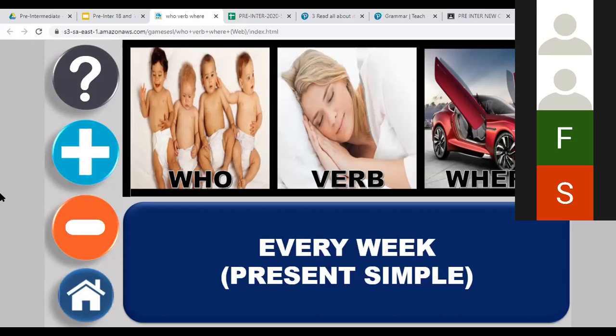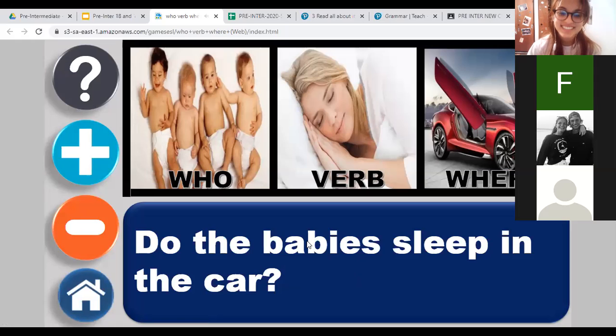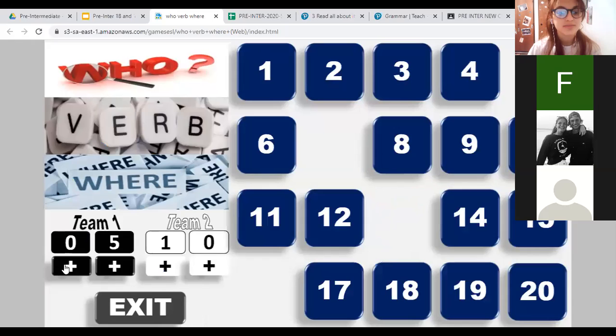Por ahí va. Hay una que lo está diciendo bien. Do the babies sleep in the car? Remember, questions in the present simple take do or does. Por eso lo estoy diciendo. Muy bien, se estaba desesperando.